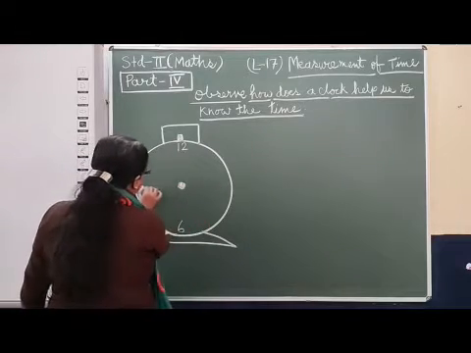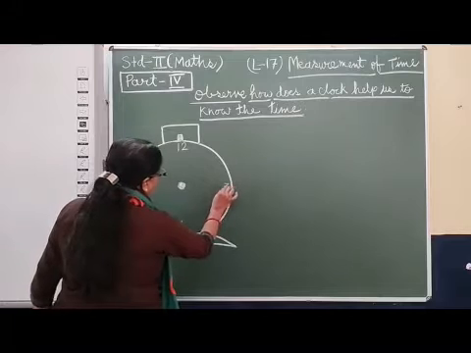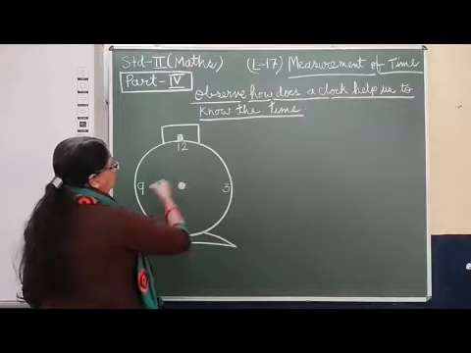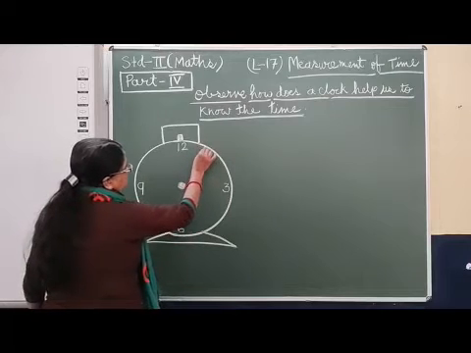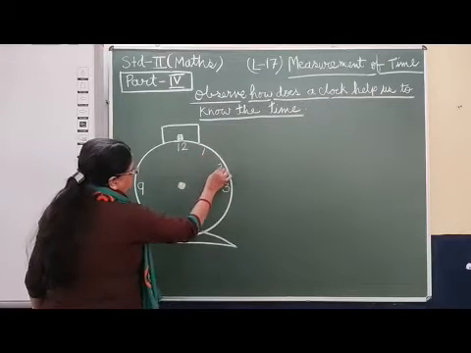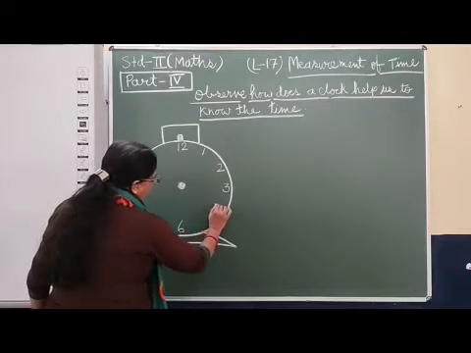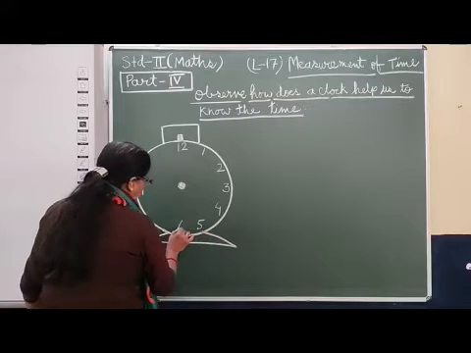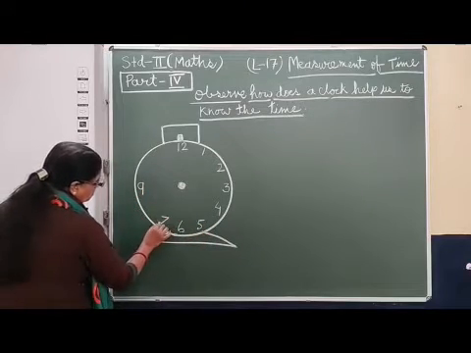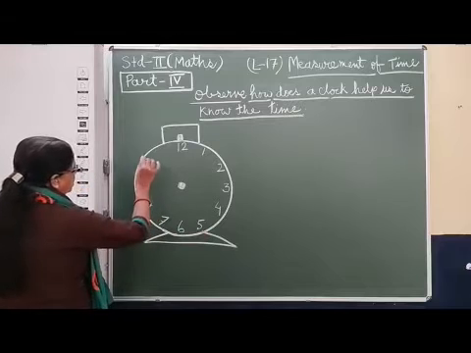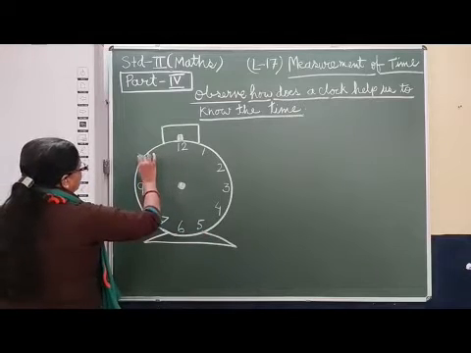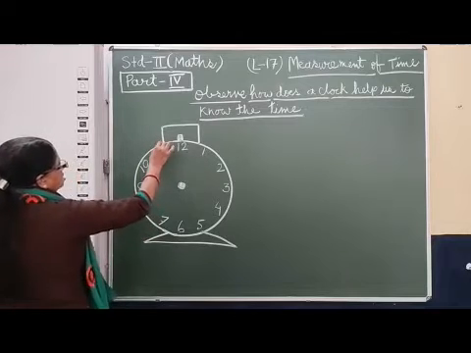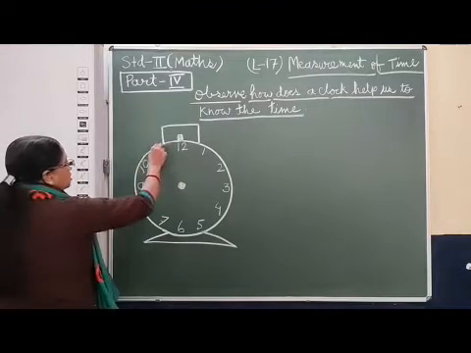Here also imagine a straight line and you write 3 here and 9 here, then all the numbers come automatically. From 3, at equal distance, 4, then 5, 6 is already written, then 7, 8, 9 is already written, 10 and 11. Okay, so this way you have already learned how to draw the clock.